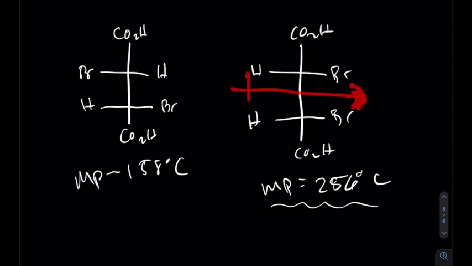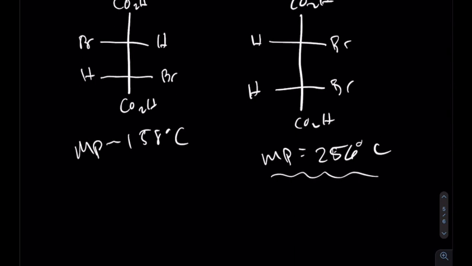So you've got a nice dipole here, and in the other system, no matter what you do, there's just no dipole that occurs. So higher dipole, higher melting point. Makes a lot of sense. Now, how do you translate this into a way to separate enantiomers? That is done by creating diastereomers starting with a chiral compound.